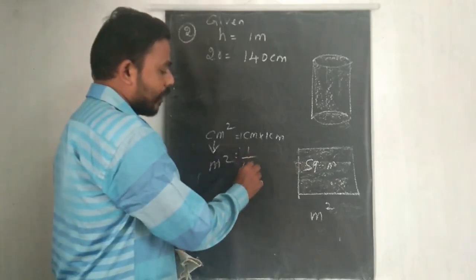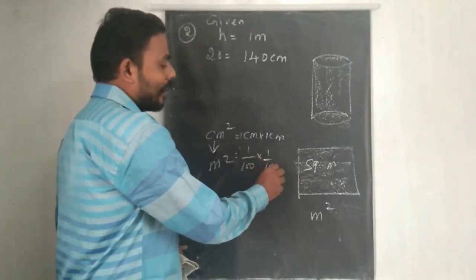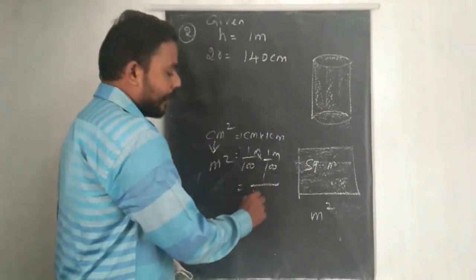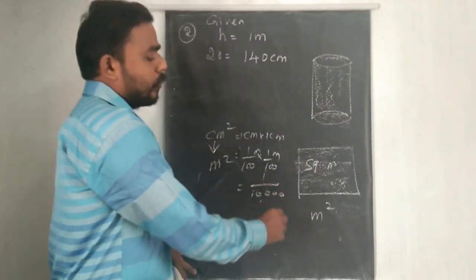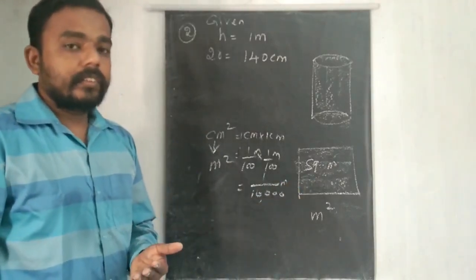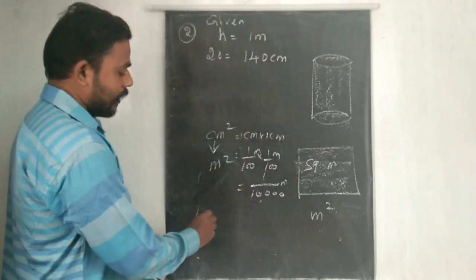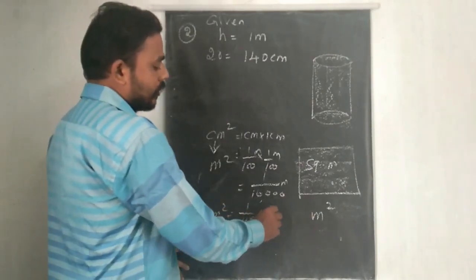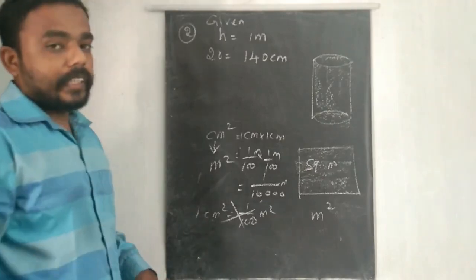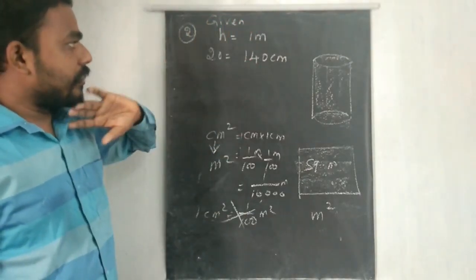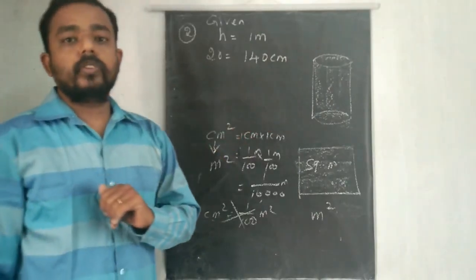So 1 by 100 into 1 by 100 is 1 by 10,000. So 1 centimeter squared equal to 1 by 10,000 meter squared. The earlier 1 by 100 is wrong. So better to first check the question, the given data and also the questions.